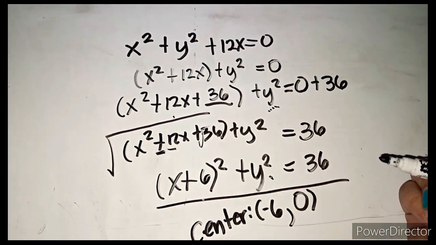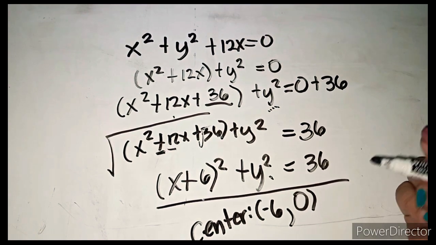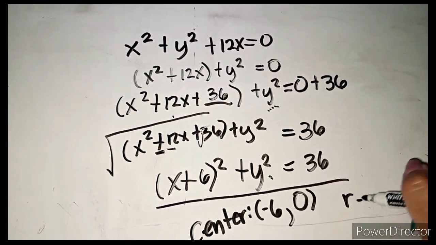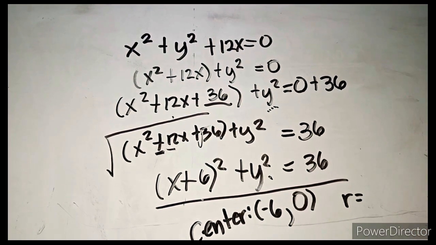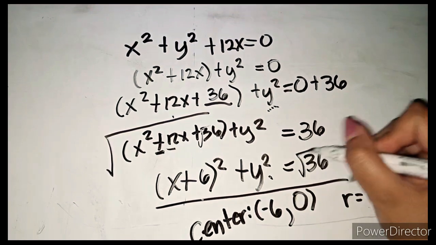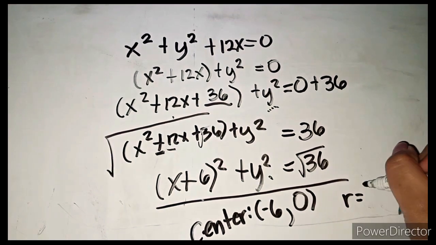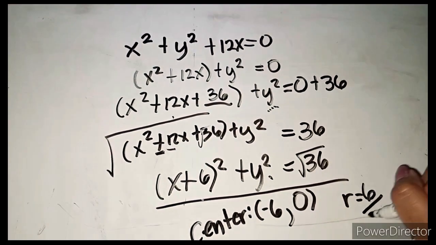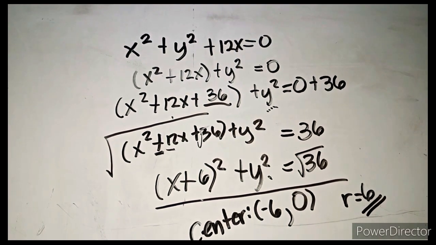So, the center now ay negative 6, 0. And, for our radius, katulad ng ginawa natin sa mga previous example, kinuha lang din natin yung square root nung number na nasa labas. So, square root of 36 ay 6. So, this is now our radius. Okay, nasundan po ba?